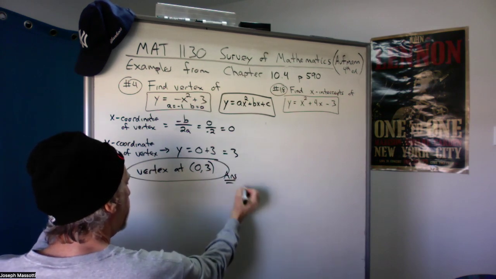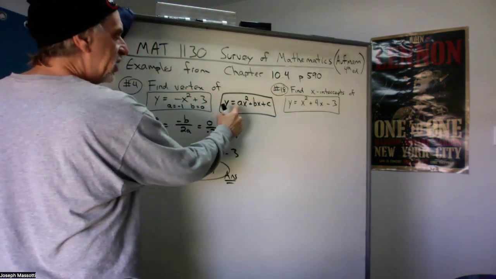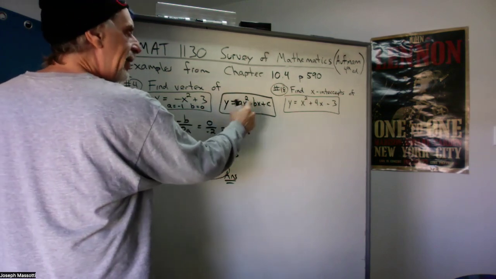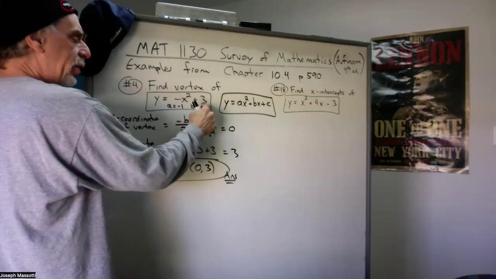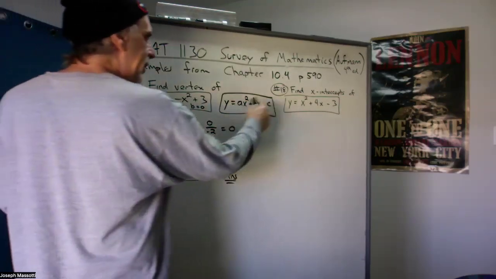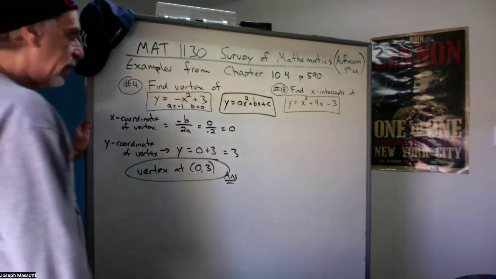And that's how you find the vertex of any quadratic equation. It has to be in this form. Once you have it in this form, you identify the a and the b, is all you need. You don't need the c. The c here is 3, but that doesn't factor into our calculations. The c does factor into our calculations for x-intercepts, which we'll do in a minute.